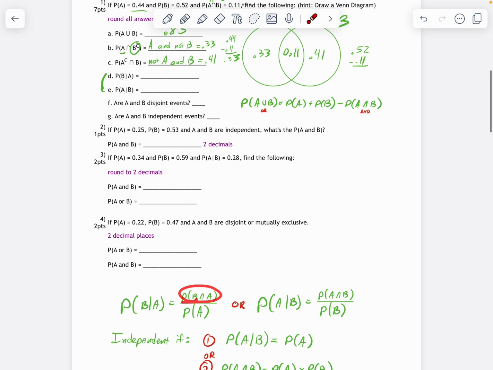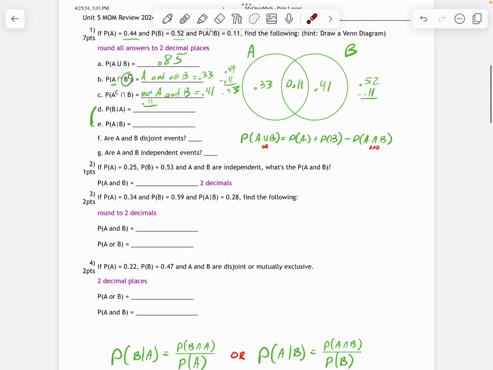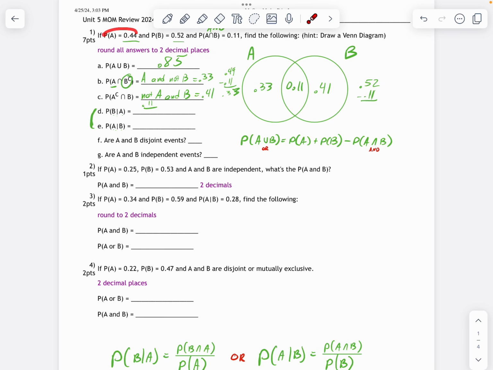And if I can zoom out a little bit, that's 11%, all right? So 0.11 divided by the probability that A happens. The total probability that A happens, this one right here, not the 33%, the overall probability that A happens, 44%.